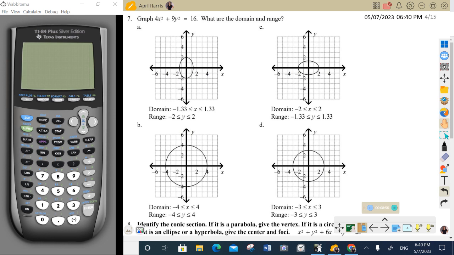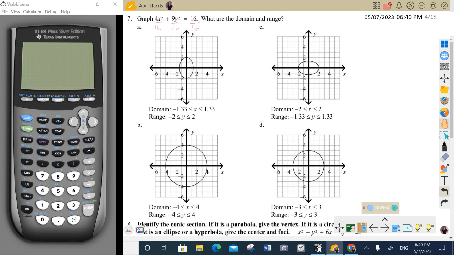Okay, question number 7. It wants you to graph. We have an ellipse because you have x squared plus a y squared, so it's either an ellipse or circle. The two numbers out in front of x and y are different, so it's an ellipse. But we have to set it equal to 1, so make sure you divide everything by 16.